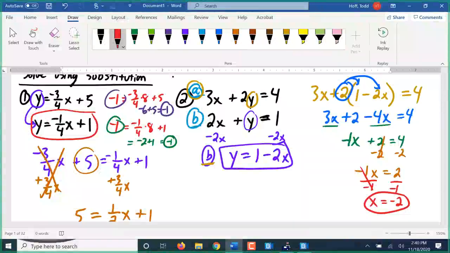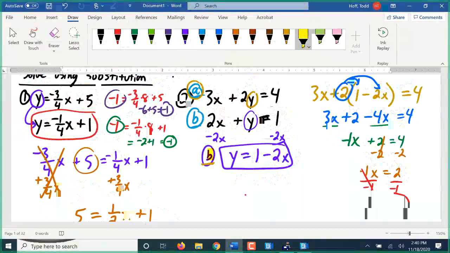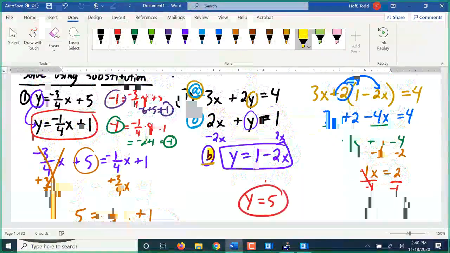We still have to find y, but luckily, so y equals 5.